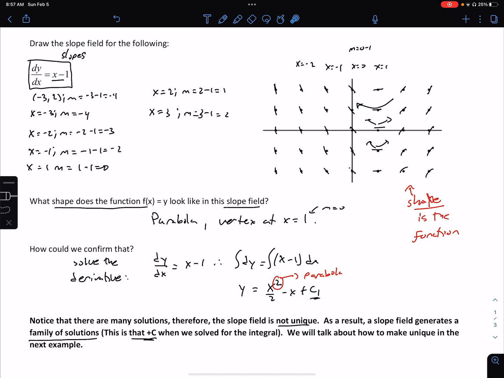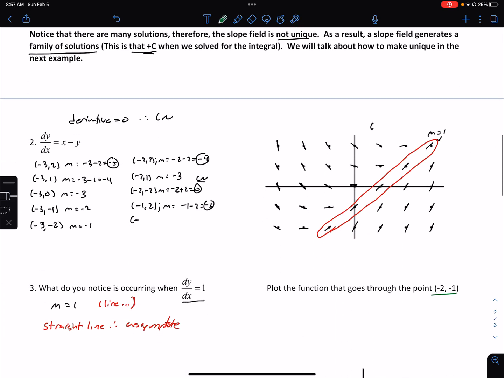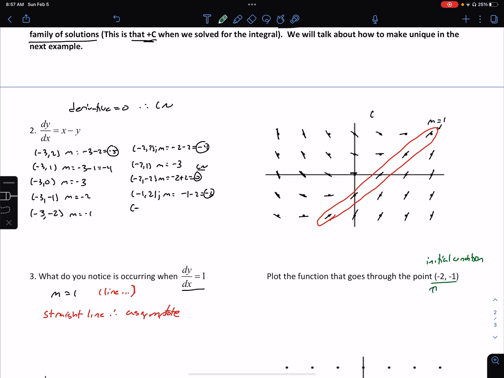So earlier this year, we learned how to solve for that plus c by plugging in an initial condition, and that's what makes it unique. And that's what we're doing down here. By plugging in the point, this is our initial condition right here. And this makes the function unique.